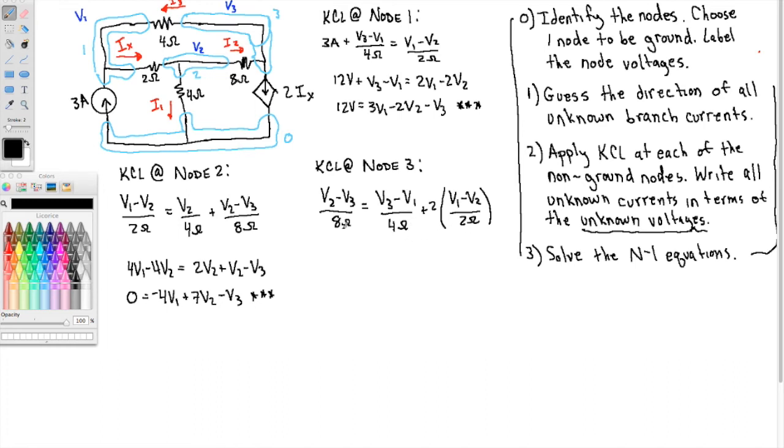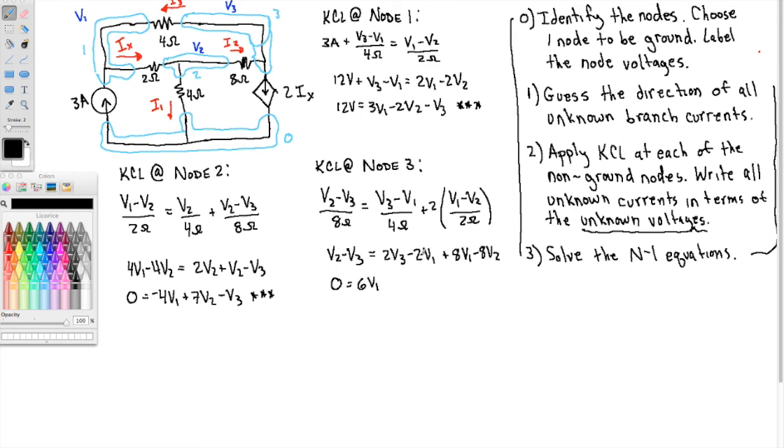So now I would just multiply again by 8 ohms, the common denominator here. So this would be V2 minus V3 equals 2V3 minus 2V1, and then this would be plus 8V1 minus 8V2. Let me get it in a form similar to the rest. 0 constant term. Okay, I've got a minus 2V1 and a plus 8V1, so that makes plus 6V1.